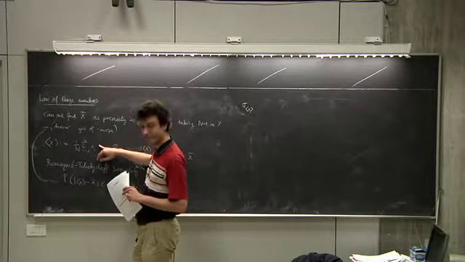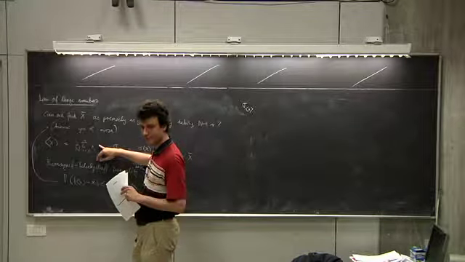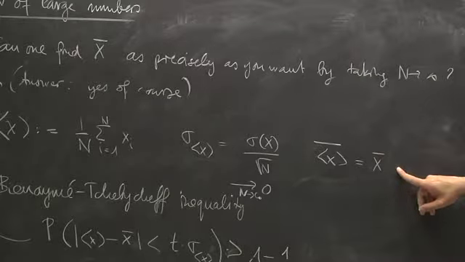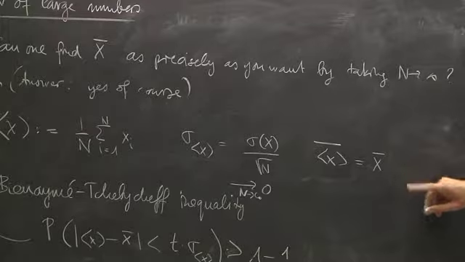Then you write x with a bar on top, in this case you say this is the expectation value. So expectation value and average are different things?